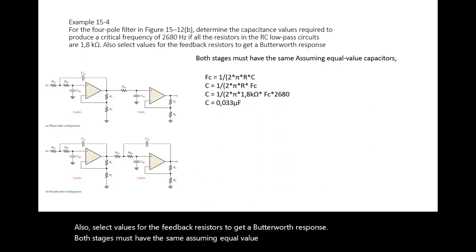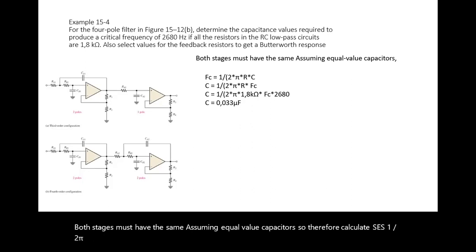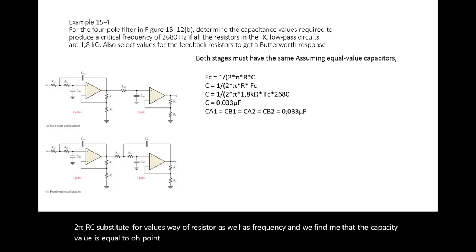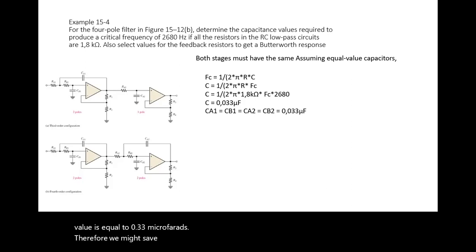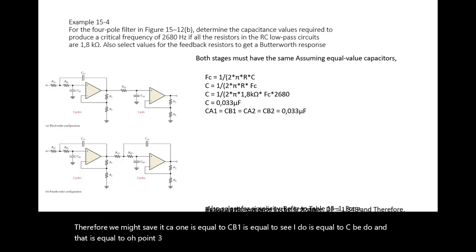So therefore, calculate fc is 1 divided by 2 pi RC. Substitute the values of the resistor as well as the frequency, and we find that the capacitor value is equal to 0.033 microfarad. Therefore, we might say that CA1 is equal to CB1 is equal to CA2 is equal to CB2, and that is equal to 0.033 microfarad.